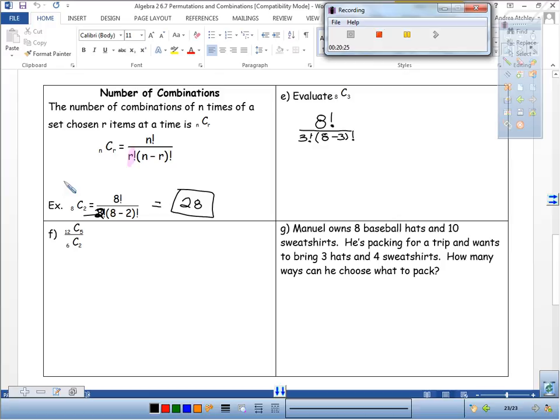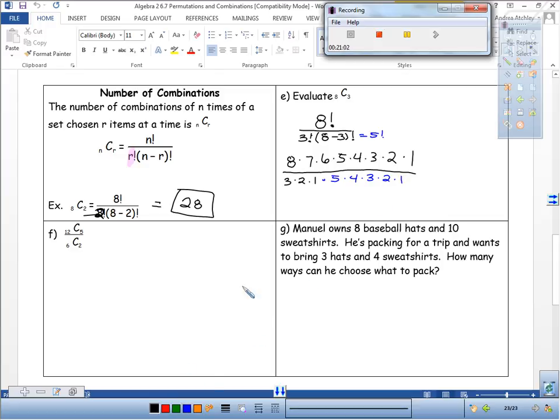Everyone, we're writing all of this out, please. So this is 8 times 7 times 6 times 5 times 4 times 3 times 2 times 1 divided by 3 times 2 times 1. And then this is 8 minus 3, so it's actually 5 factorial. So then times 5 times 4 times 3 times 2 times 1.